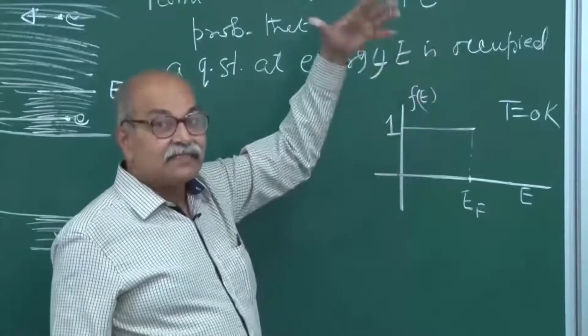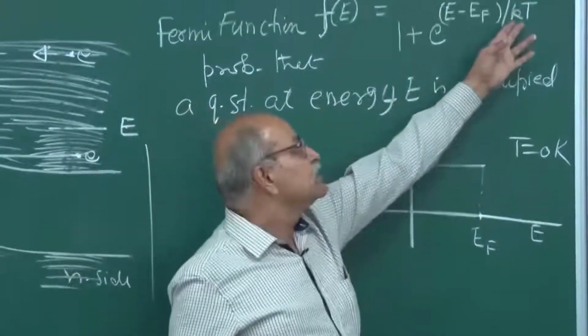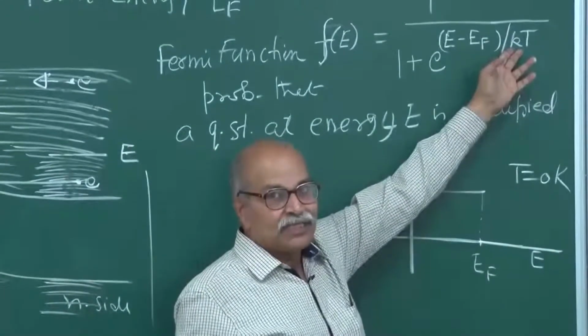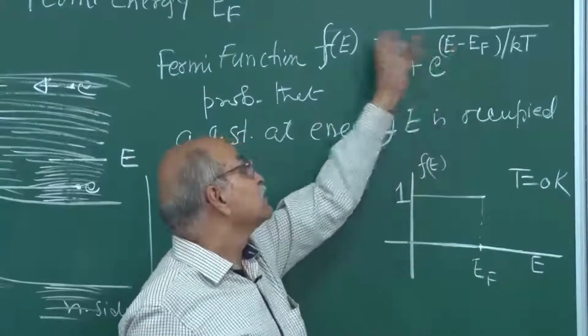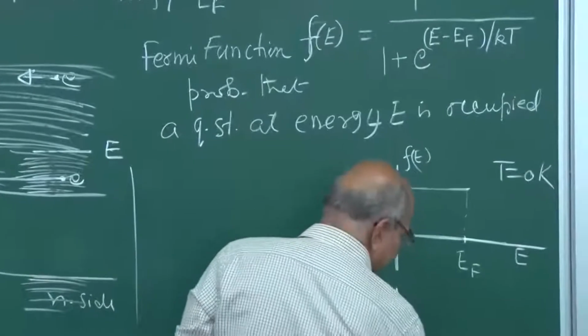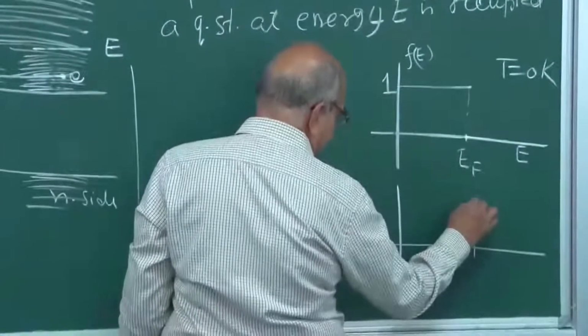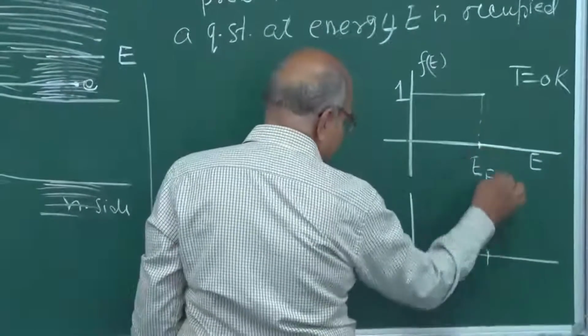But if you raise the temperature, if you come to, say, room temperature where kT is 0.026 electron volts, and you have some EF and at some energy you are asking, what will happen? This gets modified, but still the modification is close to this EF only.